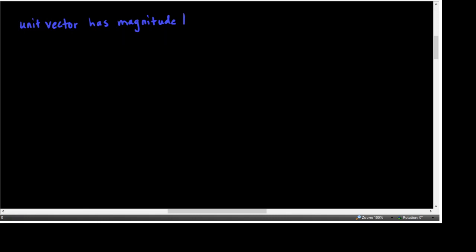And two of the most useful of those are vectors that have a magnitude of 1 in the horizontal and then vertical direction.